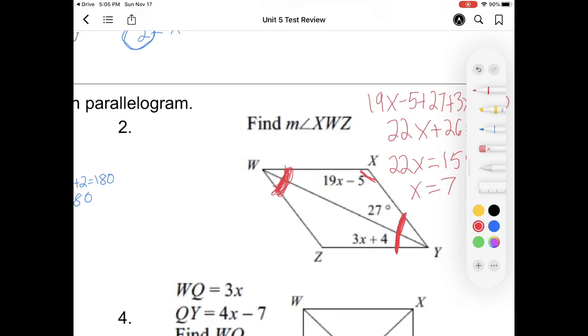So we're going to have 27 plus our 3, and instead of x, we now know it's 7, plus 4 equals 52 degrees. And that is our answer for number 2.